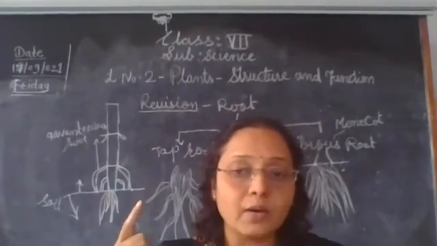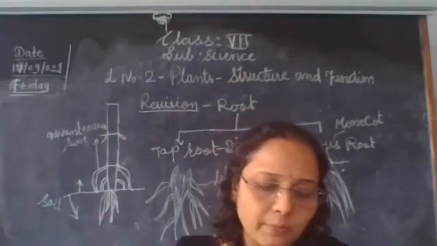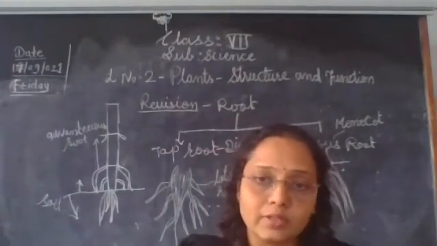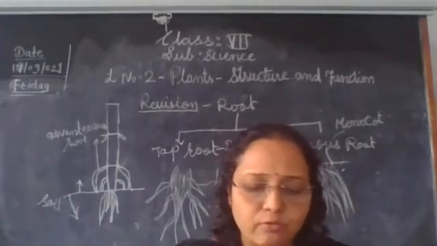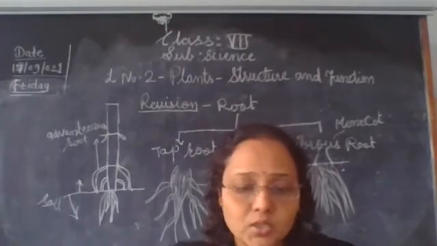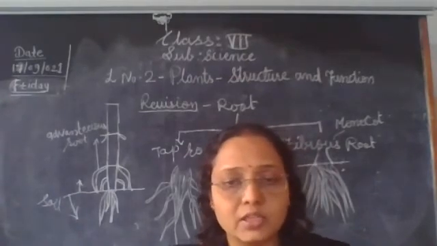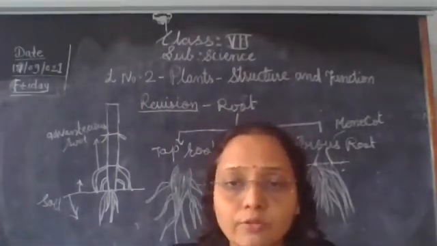Root holds the plant upright and fixes the plant firmly to the ground. Then root helps in the absorption of water and minerals from the soil. Roots bind the soil particles and prevent soil erosion.